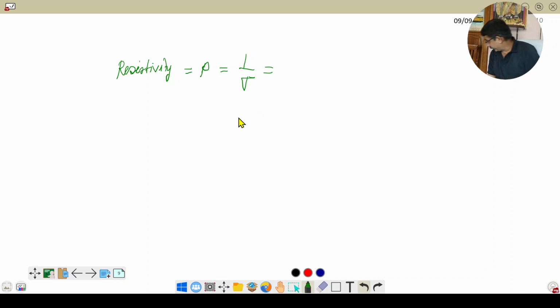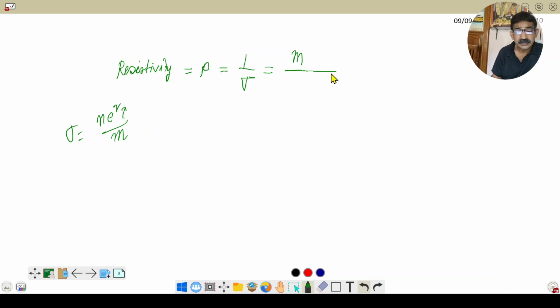and we have already discussed sigma is equal to n squared tau by m. So rho is equal to m by n squared tau.